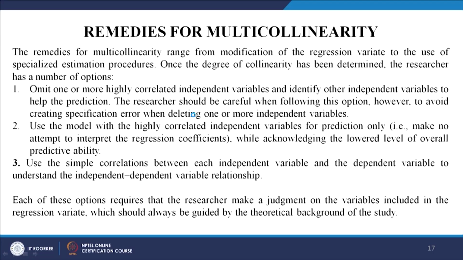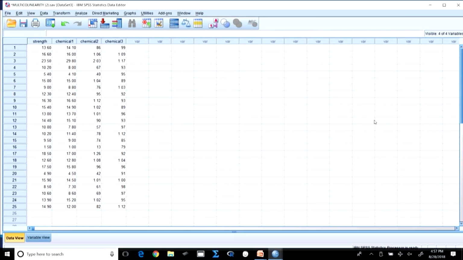Okay. So, now since you have understood the entire thing about multicollinearity, let us see how to check multicollinearity. I will show you multicollinearity in SPSS, right. So, I have made a file. Let us see this is the file, right.